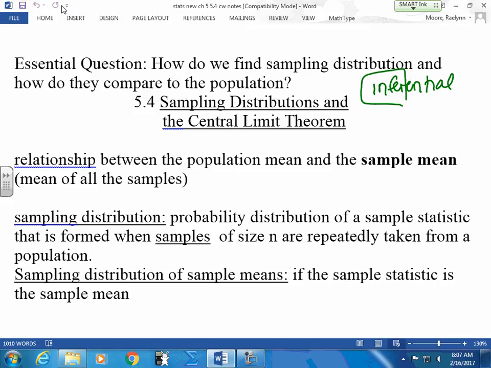Maybe I got the 5 middle kids. Which one is a better representation of my population? The 5 highest, then I'm considering everybody up here. The 5 lowest, I'm considering everybody down here. The 5 middle, probably middle of the road. I was looking for the middle, so do I kick those out? Do I count those in?